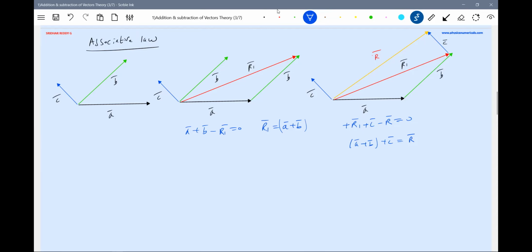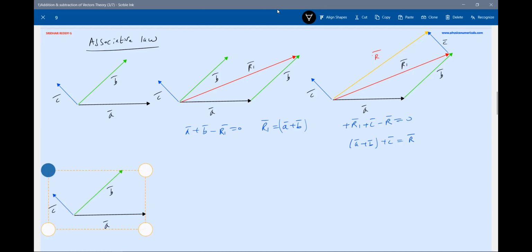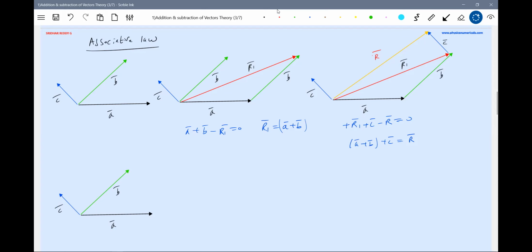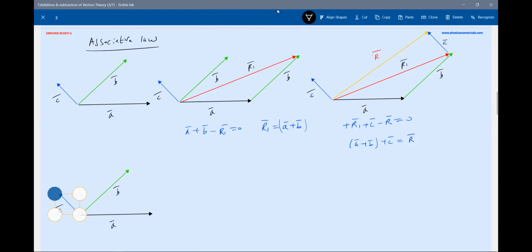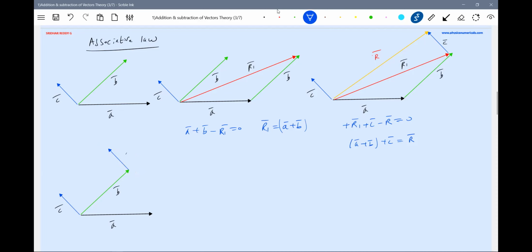First, what I should do, I should add C bar to B bar here. So this diagram as it is. No, we have to add C bar to, so this is the C bar, no? Put C bar. Then I'll get some result.